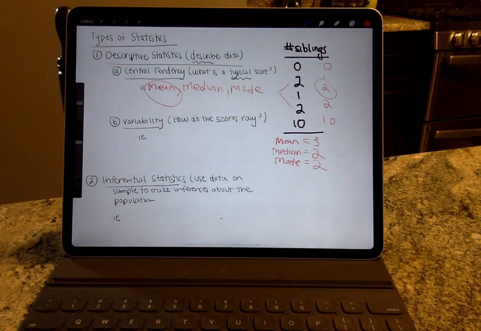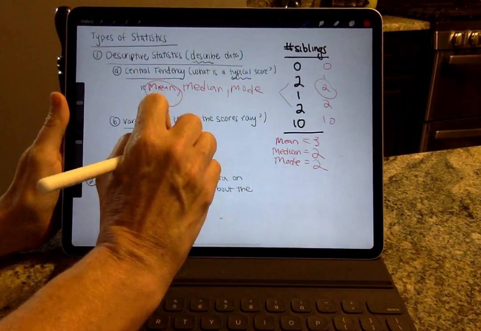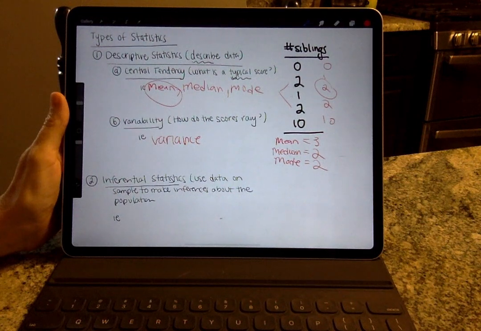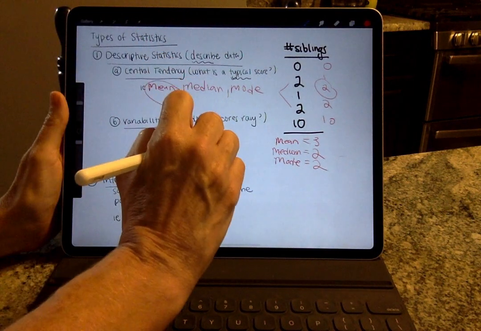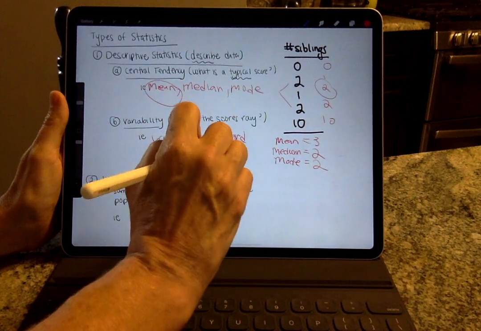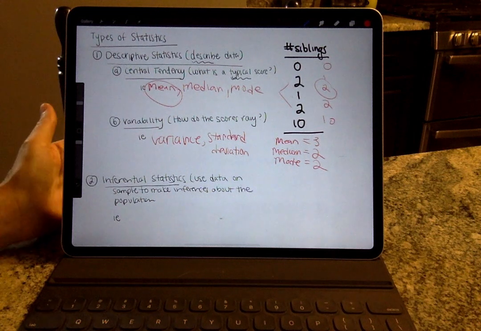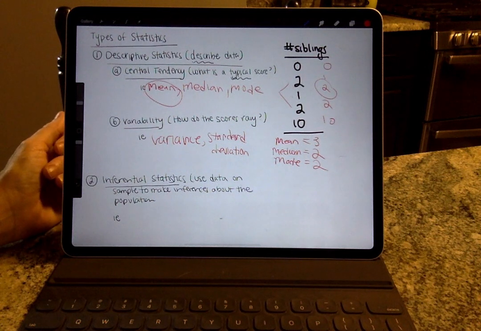But we can do some mathematical calculations to get a better sense of the actual variability of the data. And the calculations that we do are something called variance, which you may be familiar with, and something called standard deviation, which you are also possibly familiar with.